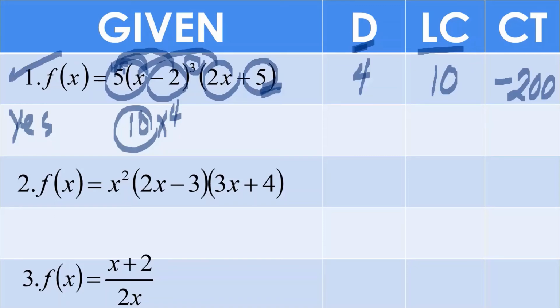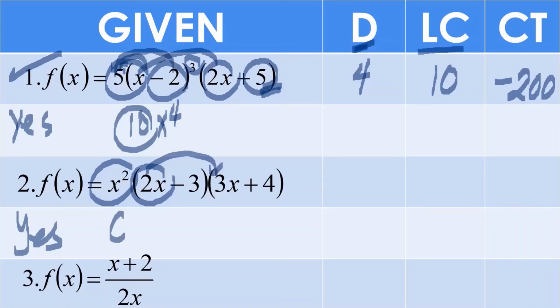Next, number 2, it's a yes. Now let's multiply x squared times 2x, which gives us 2x cubed. 2x cubed times 3x is 6x to the 4th power. So our degree is 4 and the leading coefficient is the number beside x to the 4th, so it's 6. For the constant term, we have x squared outside.